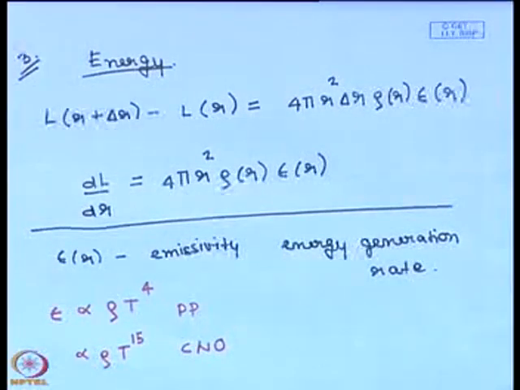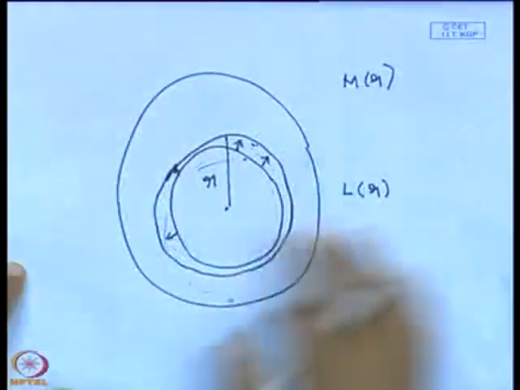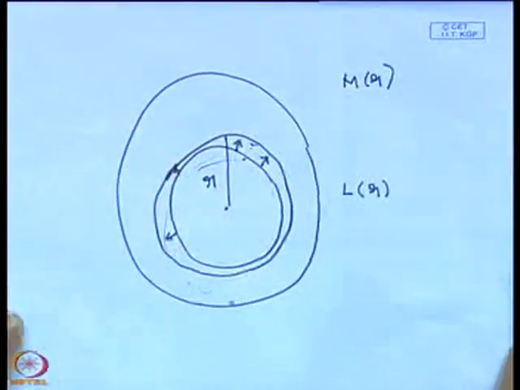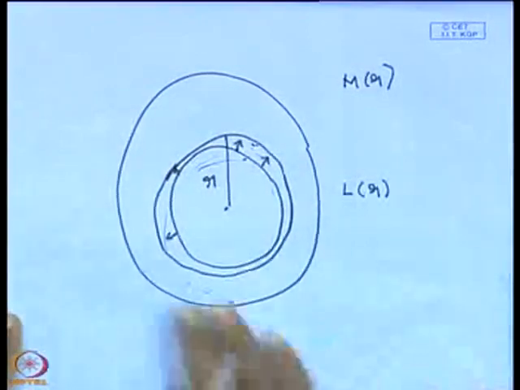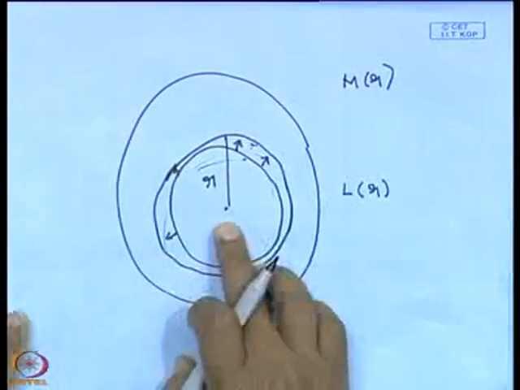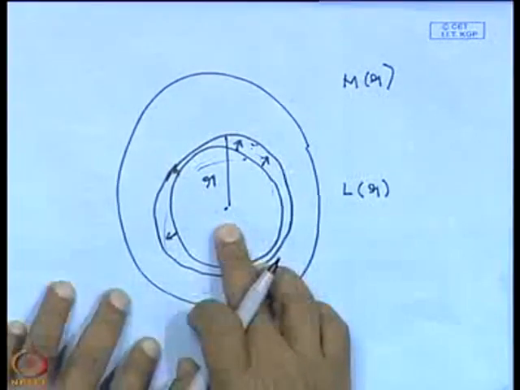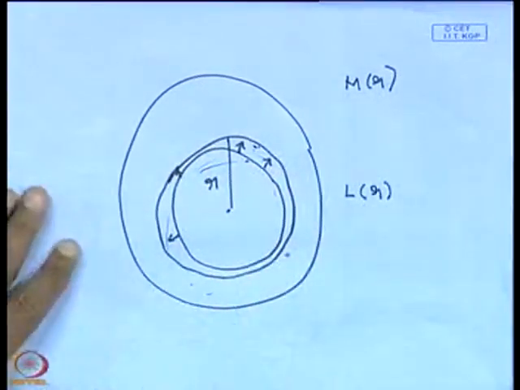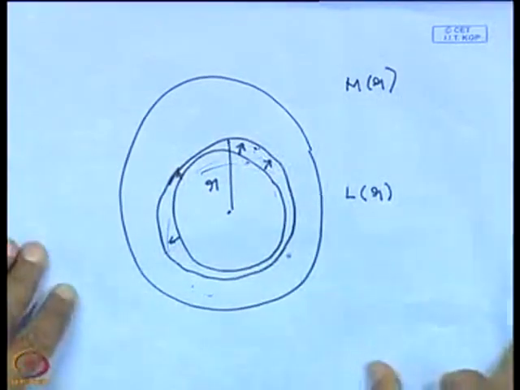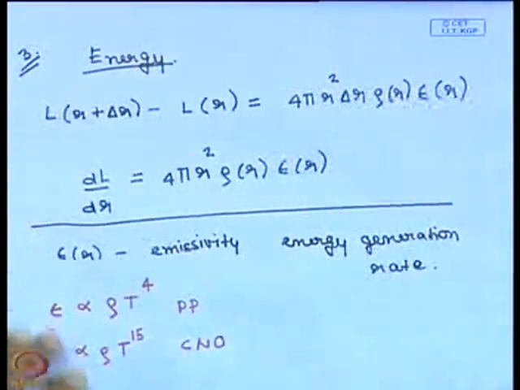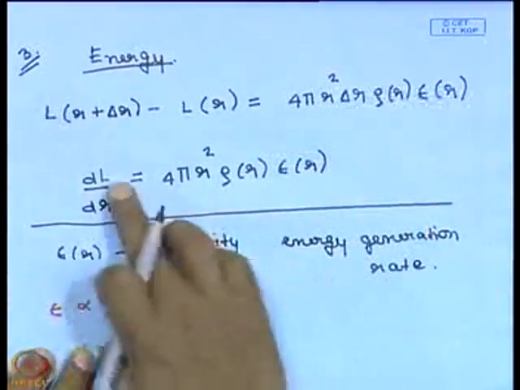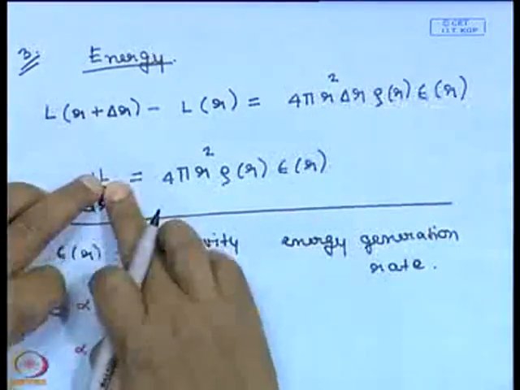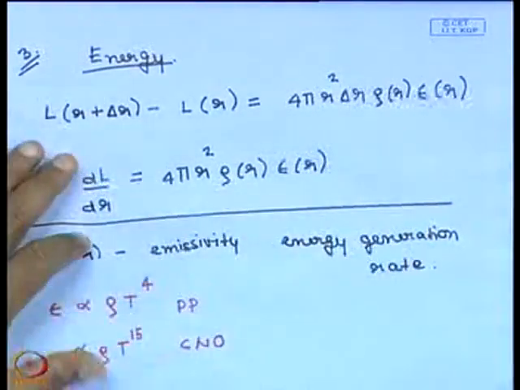Okay. So, when you solve for the stellar structure, one has to also take into account the fact that there is energy being generated in different parts of the star. The energy generation rate is more effective in the center, where the density is high and the temperature is high. It is less effective in the outer parts, where the temperature is low and the density is also low. Okay. So, one has to simultaneously incorporate this, and that goes into determining how the luminosity changes as we go away from the center.